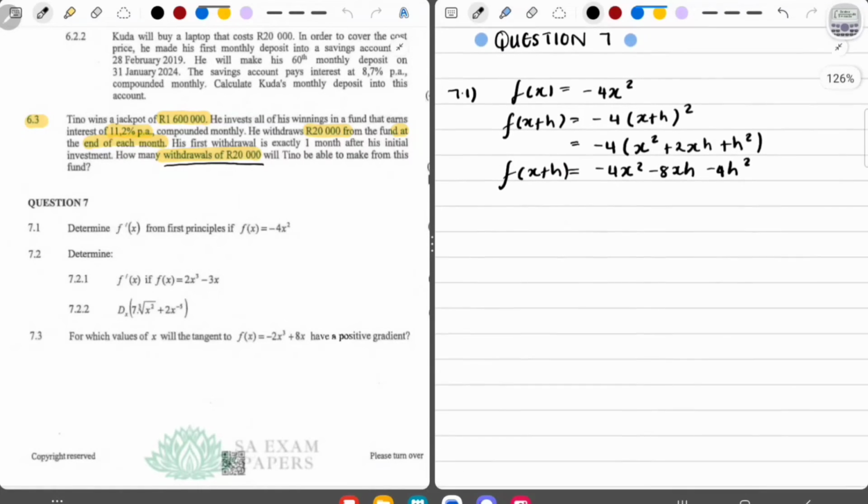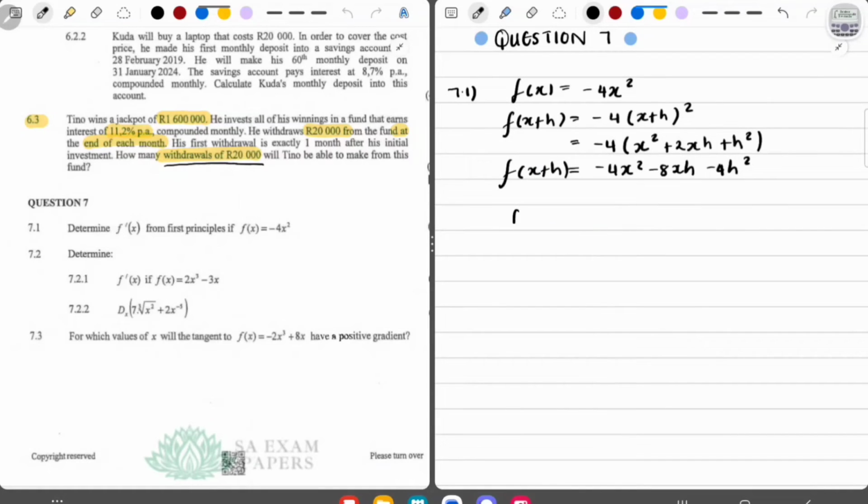And now we can go ahead and derive from first principles. So we're saying that f prime of x is equal to the limit as h tends towards 0, and then the formula is f of x plus h minus f of x all over h. Let's go ahead and substitute.